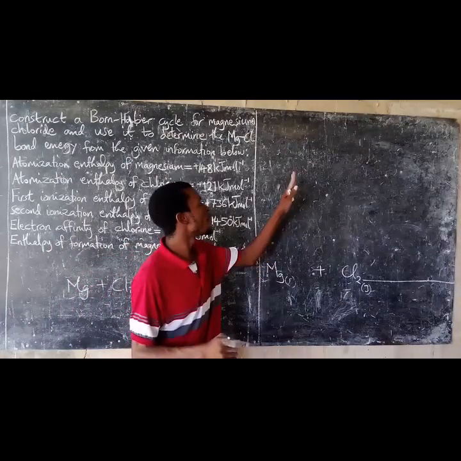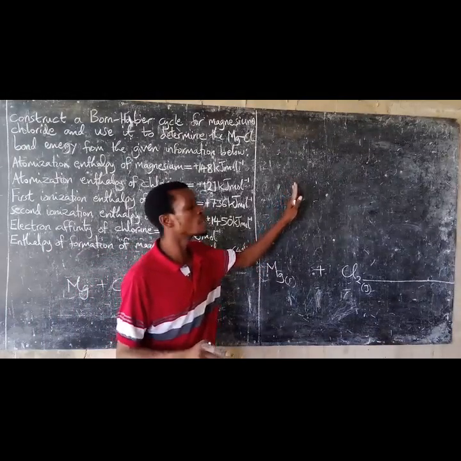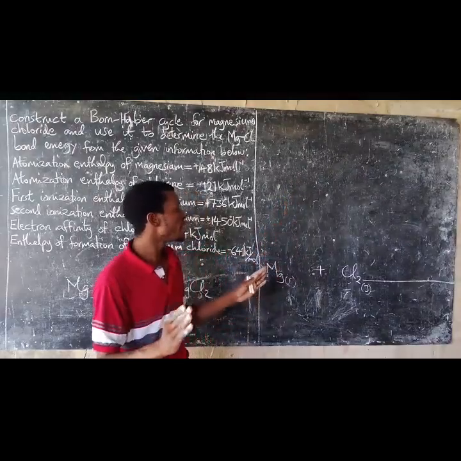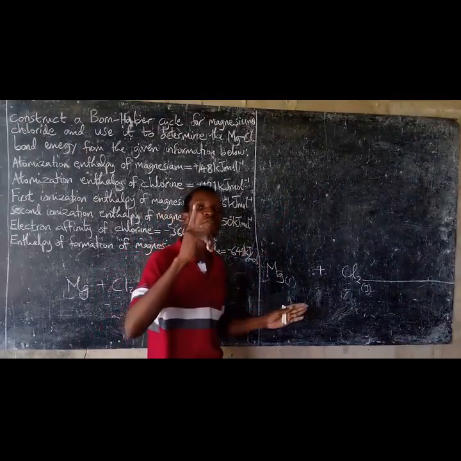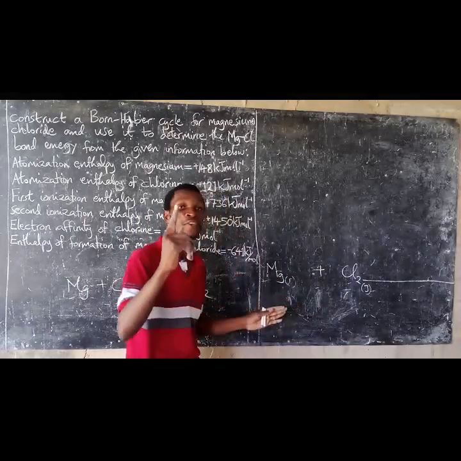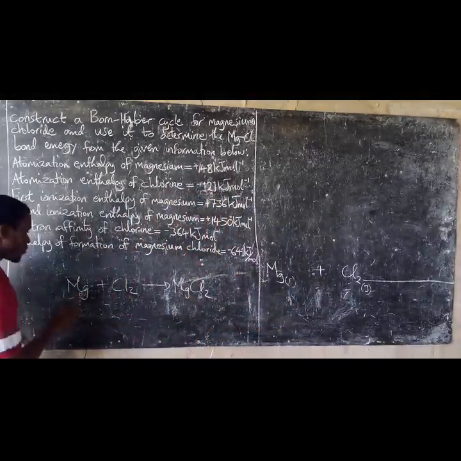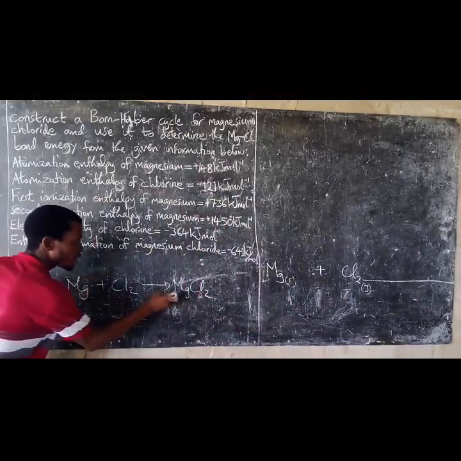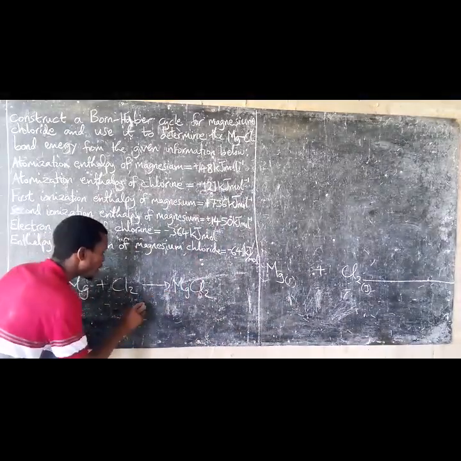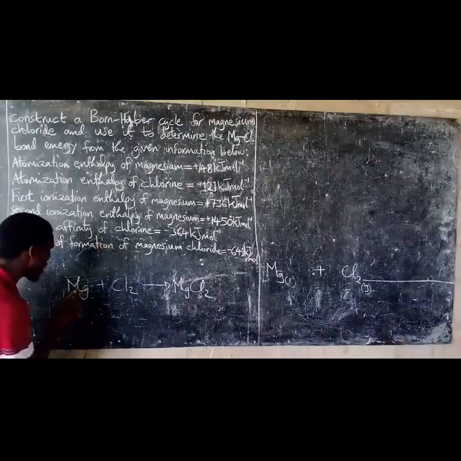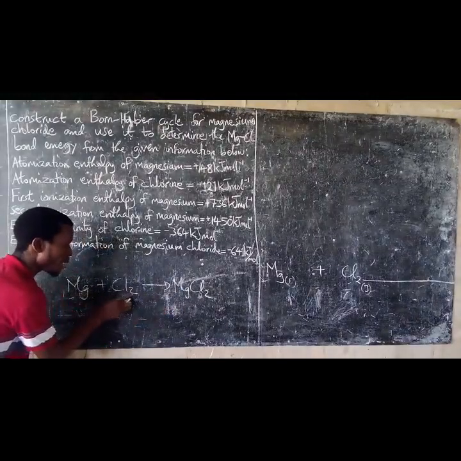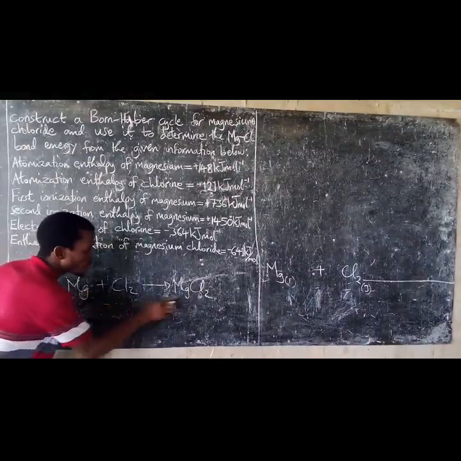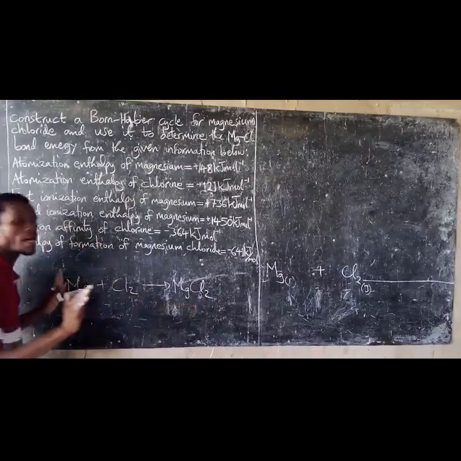Because the Born-Haber cycle is drawn to determine the lattice energy for 1 mole of ionic compound. So we balance in such a way that the product formed is 1 mole. Now this is 1 magnesium and 2 chlorine atoms. It has balanced.